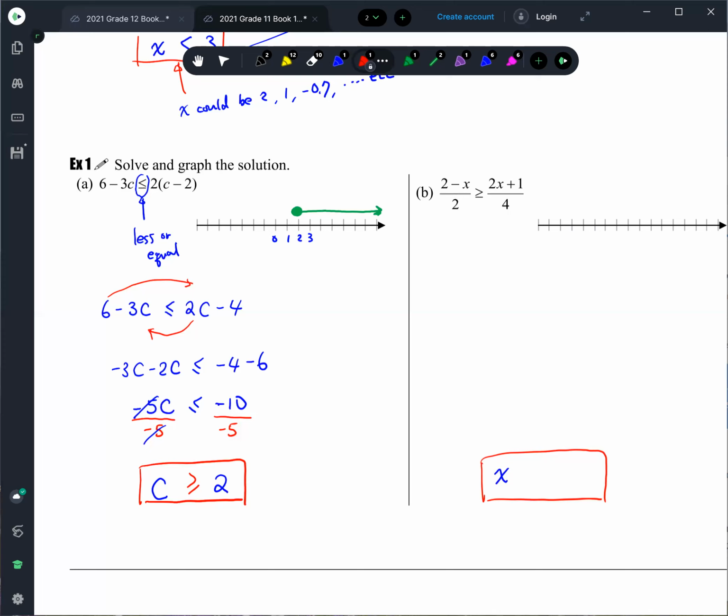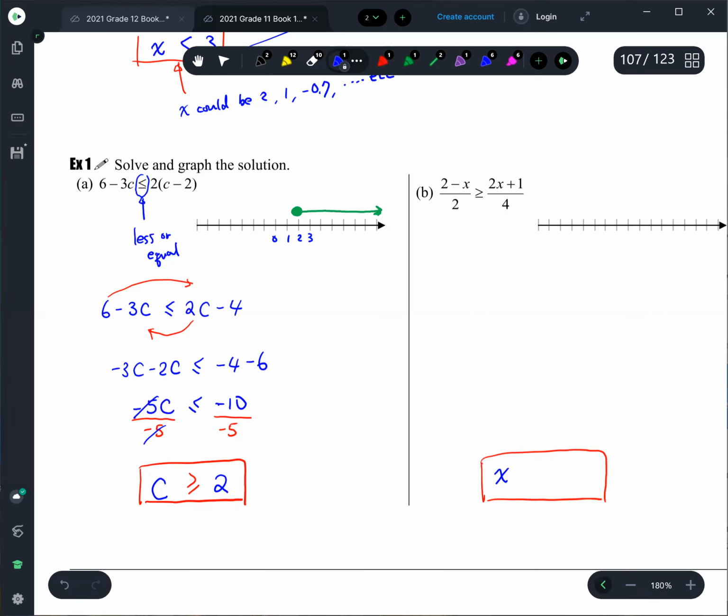But 2 won't cancel out the 4, and then the 4 won't cancel the 2. You find a common denominator. What's the common denominator for 2 and 4? I think 4. Yeah, so you will use 4, okay? So you start by multiplying both sides by the common denominator.